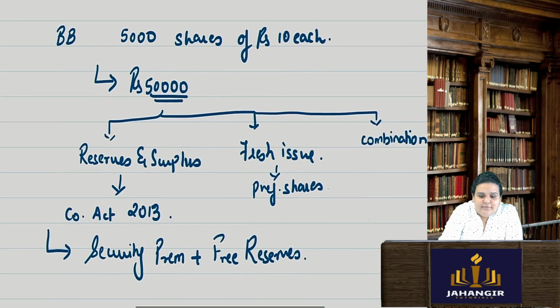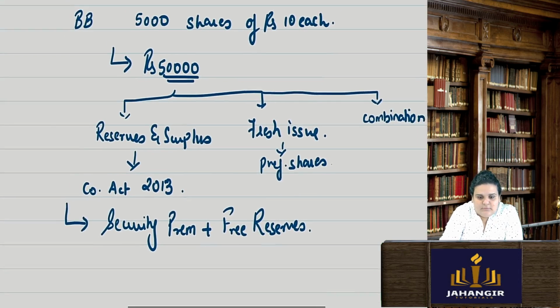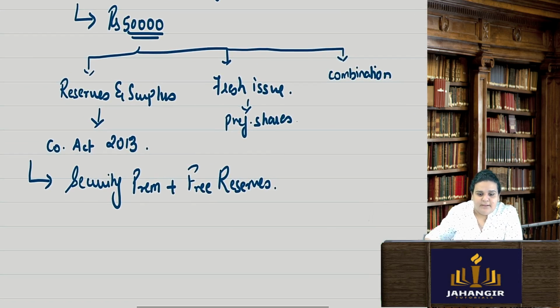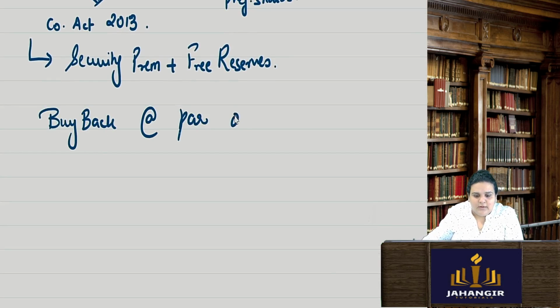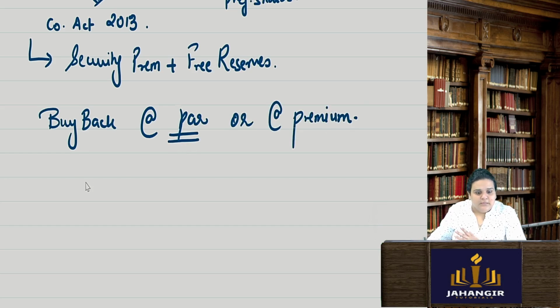Now, whenever this buyback takes place, the Companies Act has said that you can do a buyback at par or at premium. At par means rupees 10 is the face value.